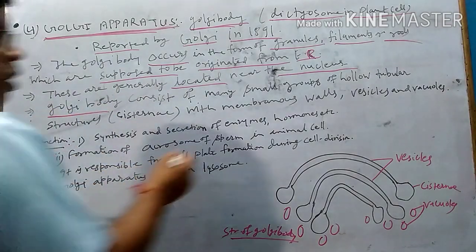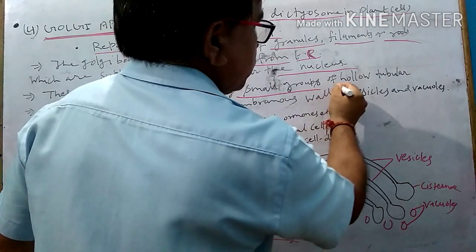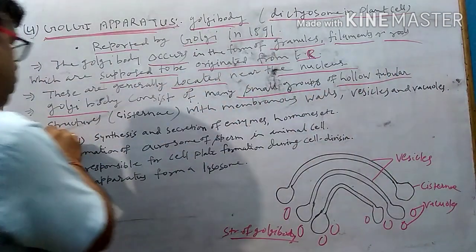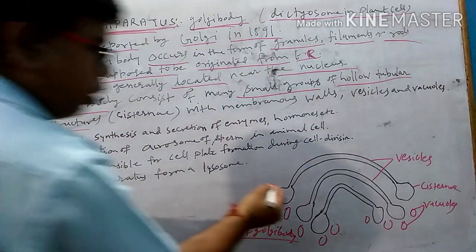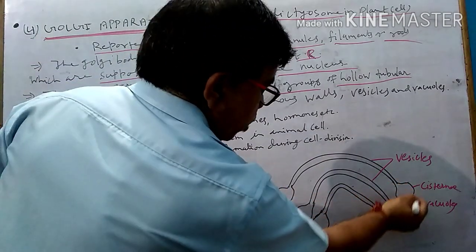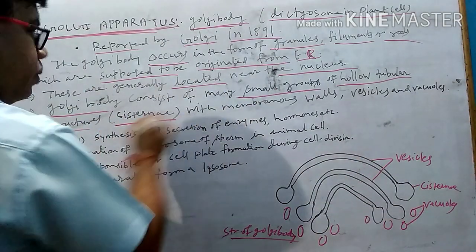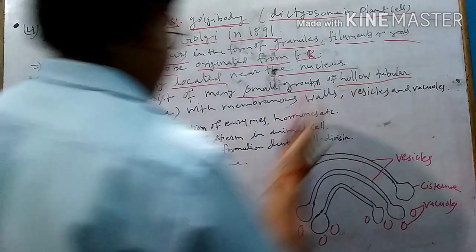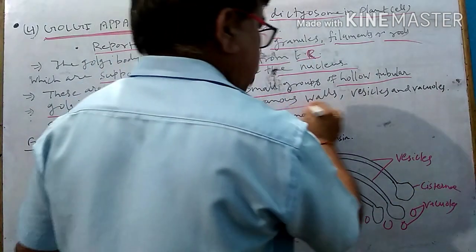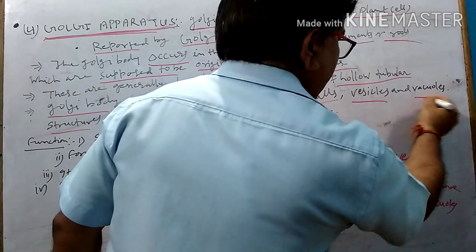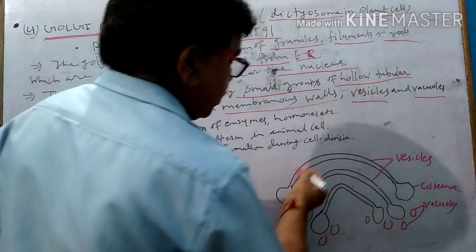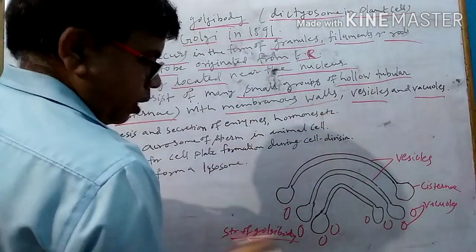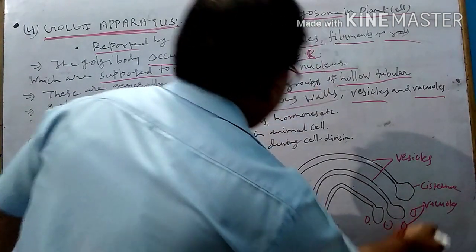Golgi body consists of many small groups of hollow tubular structures, and these hollow tubular structures are called the cisternae, with membranous walls, vesicles and vacuoles. This is the membranous wall, this is the vesicles, and this structure is called the vacuole.